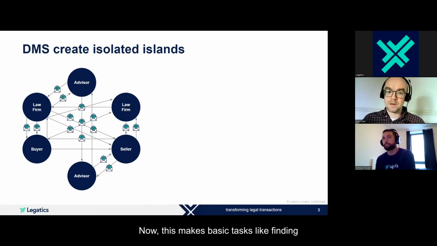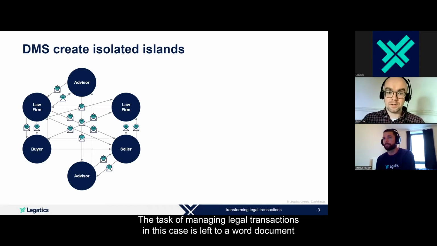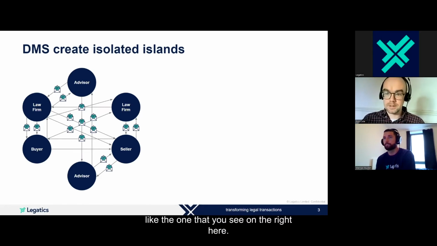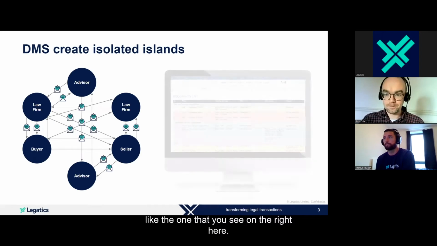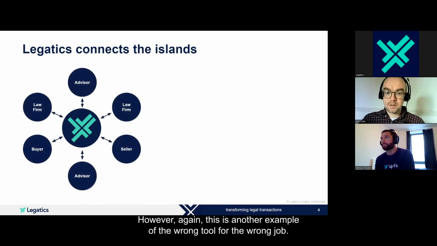Now, this makes basic tasks like finding the latest version of a document very difficult. The task of managing legal transactions in this case is left to a Word document, like the one that you can see on the right here. However, again, this is another example of the wrong tool for the job.